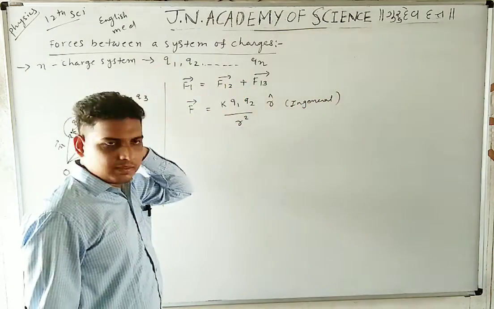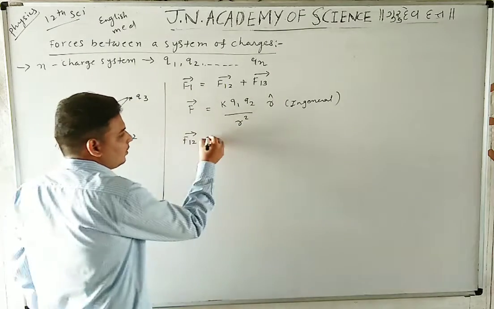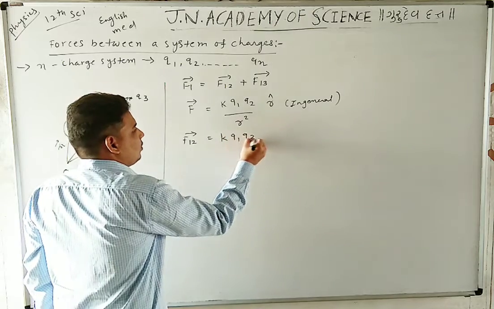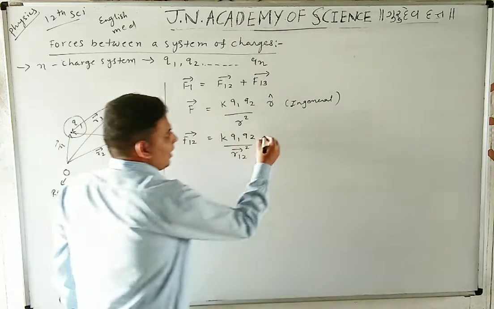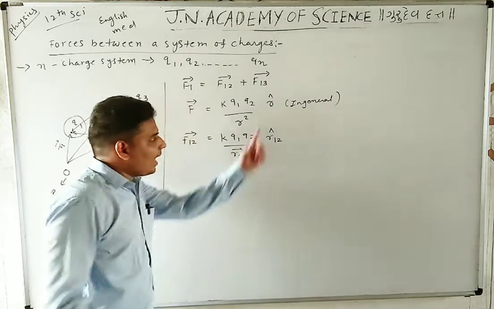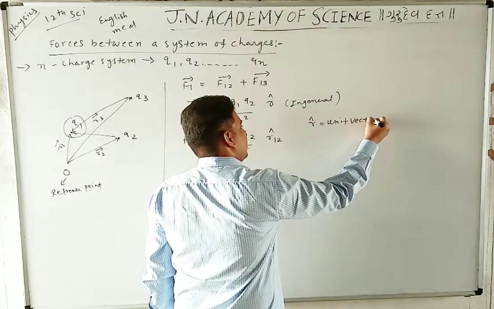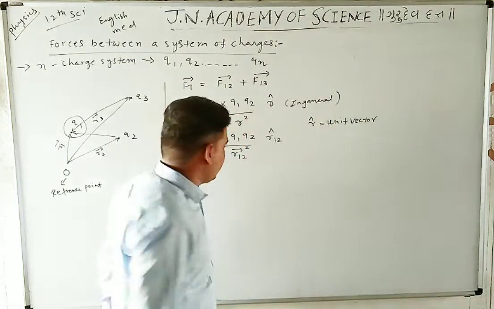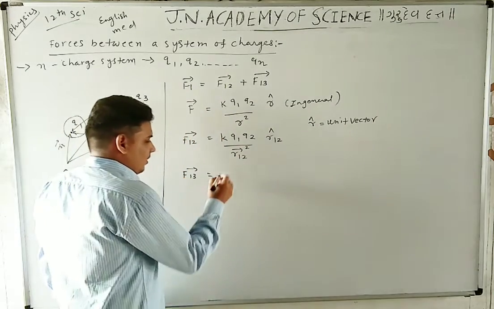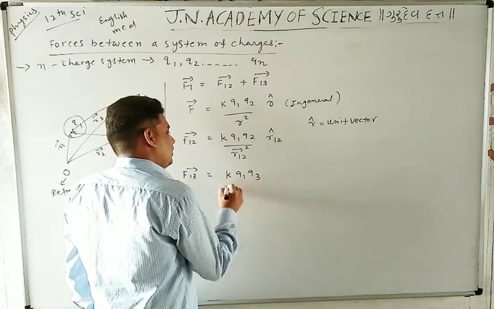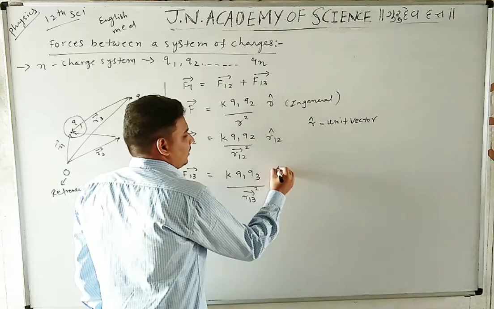But for this we take F12 as K Q1 Q2 divided by R12 square, R12 cap, where R cap is nothing but the unit vector in the direction of force. Then you have another force F13, which is K Q1 Q3 divided by R13 square, R13 cap.